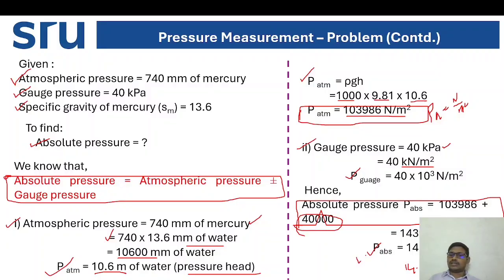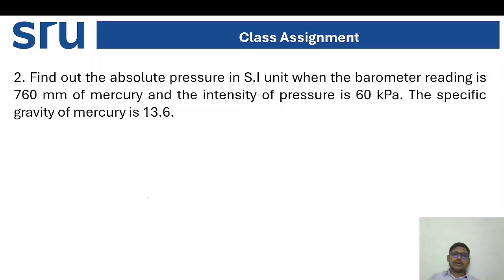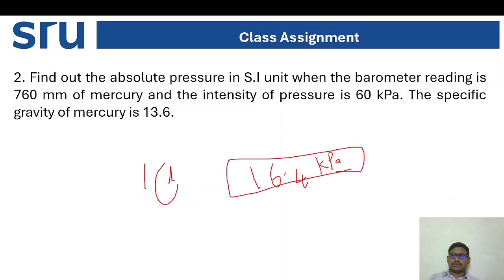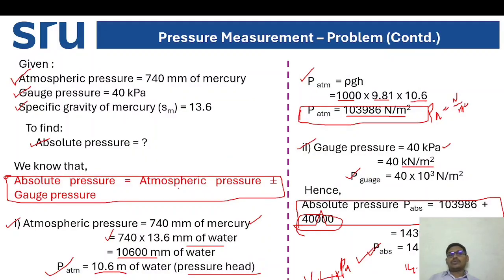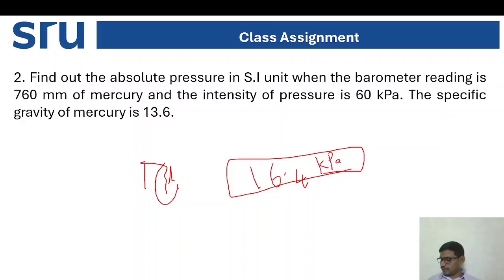Just put 103986 plus 60,000, and you will get the answer in kilopascals. So try to do one exercise, it will be useful for you.